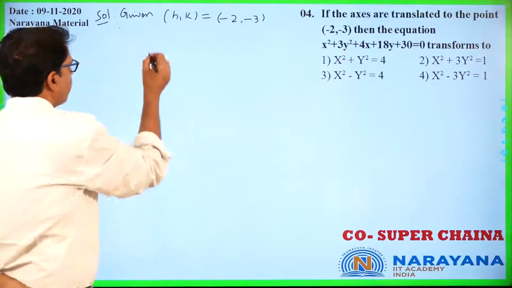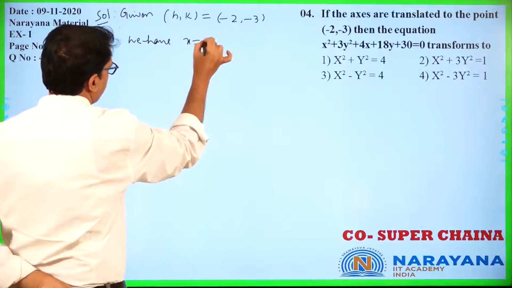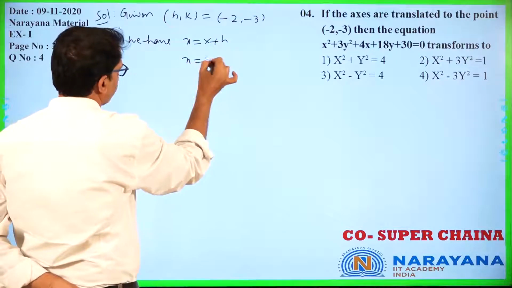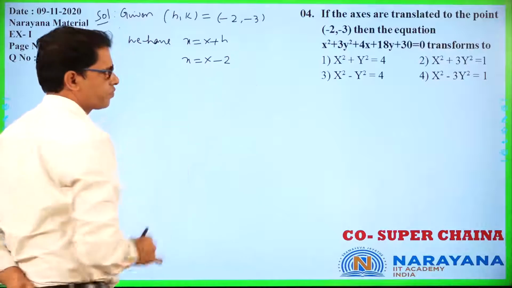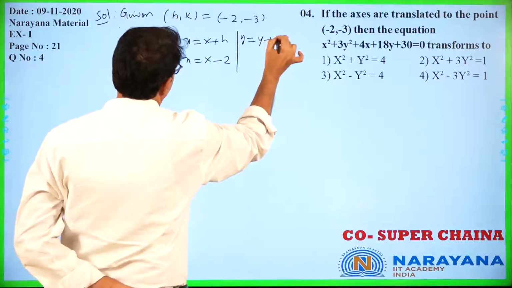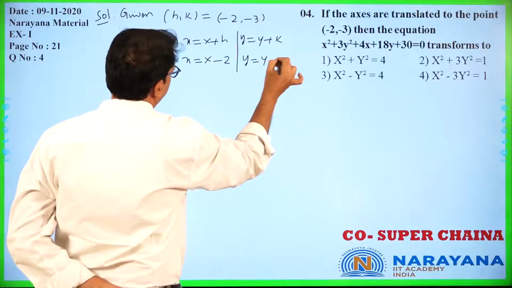Therefore small x is equal to capital X plus h, so small x is capital X minus 2. Then small y equals capital Y plus k, so y equals capital Y minus 3.